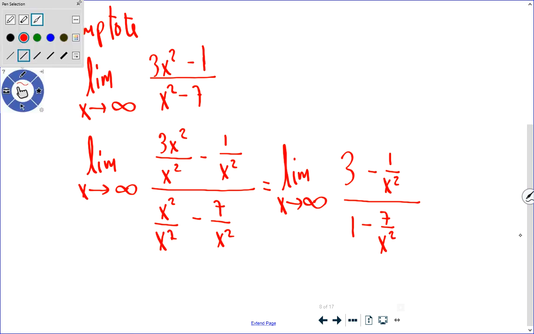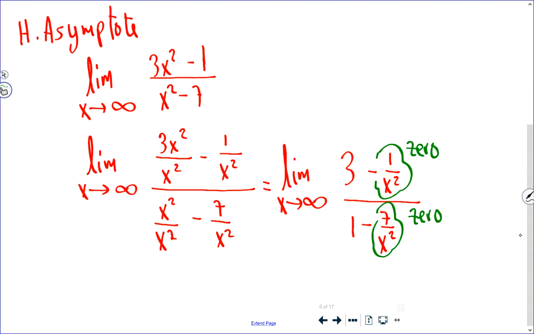And again, just like the previous question, this fraction and this fraction both become 0 at infinity. So what you're going to be left with is 3 over 1, which is 3. So you're going to have a horizontal asymptote at y equals 3.